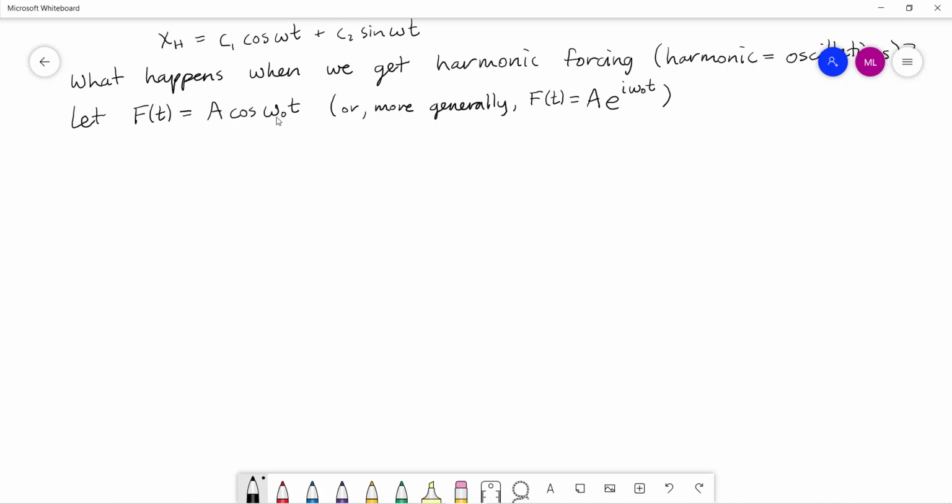What happens if we were going to try to actually find our full solution? So in this case, our forcing term is purely sines and cosines.